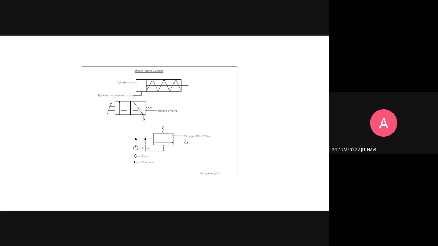Sir, left side wall, that is direct control. This is a direct line from reservoir to the cylinder. No, no, no. After the complete extension of the cylinder, this section will get actuated: the pressure relief valve. I hope you remember.